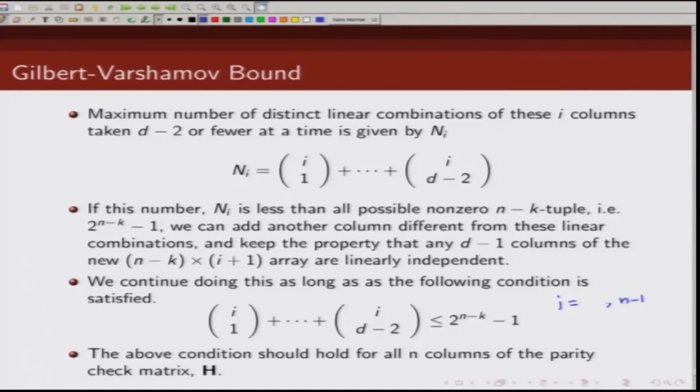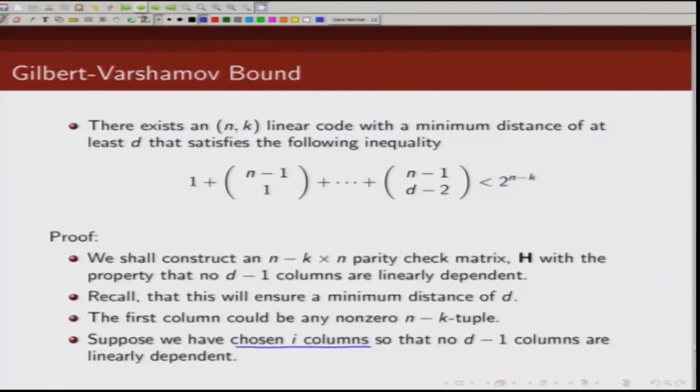Then I can add another column which will be the nth column, and still I would not have d minus 1 columns of this parity check matrix adding up to 0. So, this should hold for all i up to n minus 1. When we put i equal to n minus 1, what we get is n minus 1 C1 plus n minus 1 C2 and so on, which should be less than or equal to 2 raised to power n minus k, minus 1, and 1 we can bring to this side, and hence we will get our desired expression, which is this.